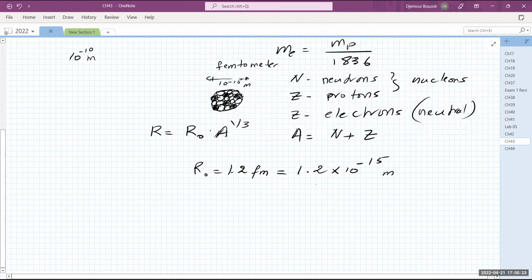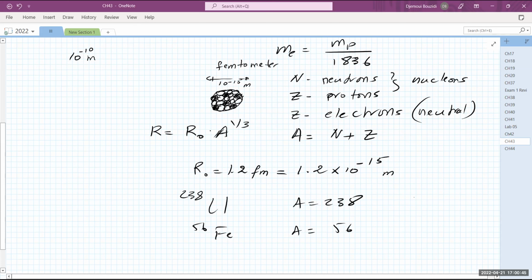Yes, it grows. But how big is it relatively speaking? If I take, for example, uranium-238, in this case A is equal to 238. And if I want to compare it to iron, iron is what, 56? So in this case, A is equal to 56.